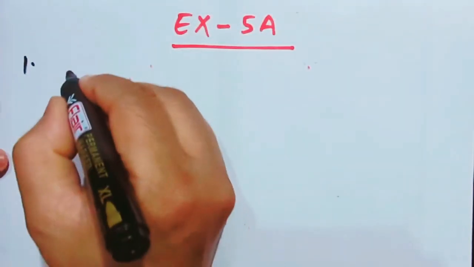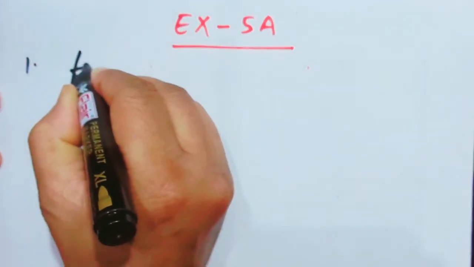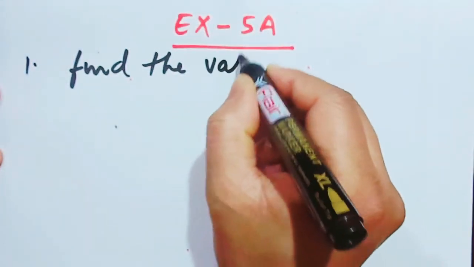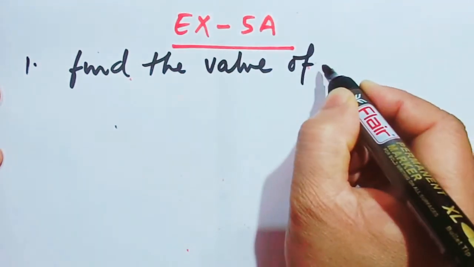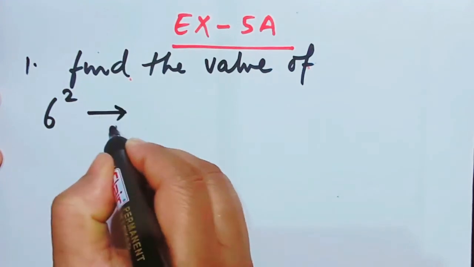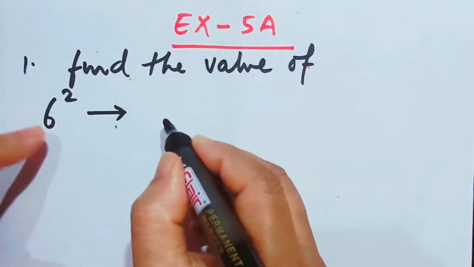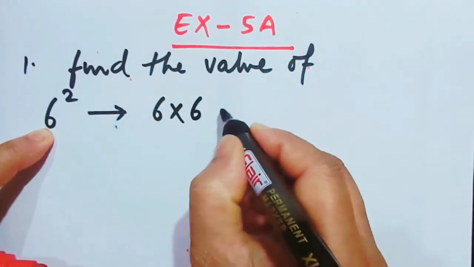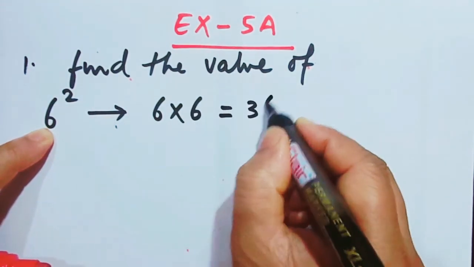Like when we talk about number 1, they say find the value. They are talking about the value of 6 square. But 6 square means what? 6 square means that 6 has been repeated 2 times. Means 6 sixes are 36.